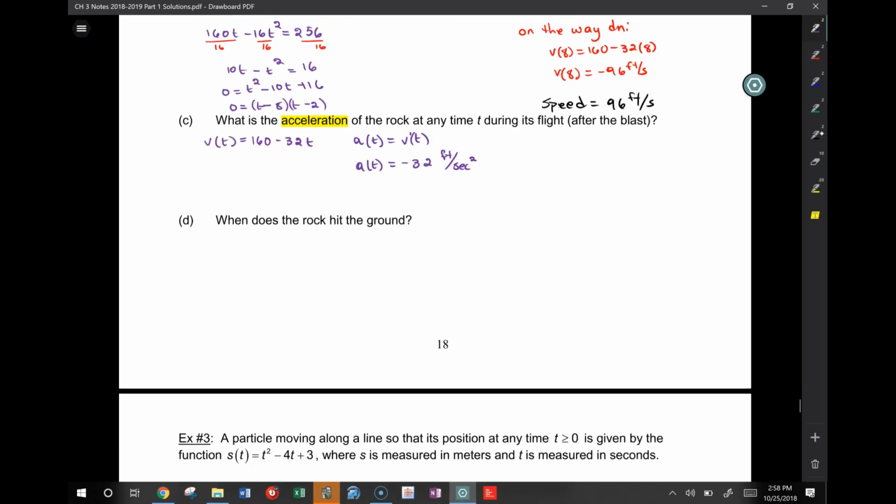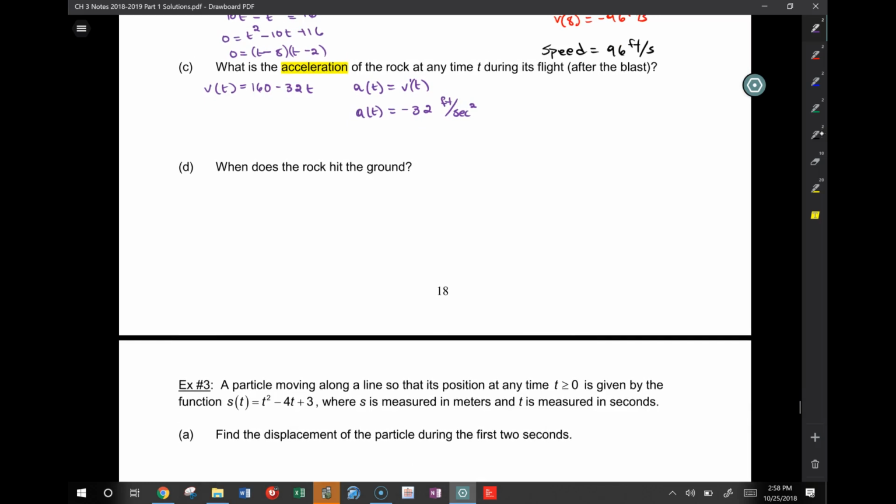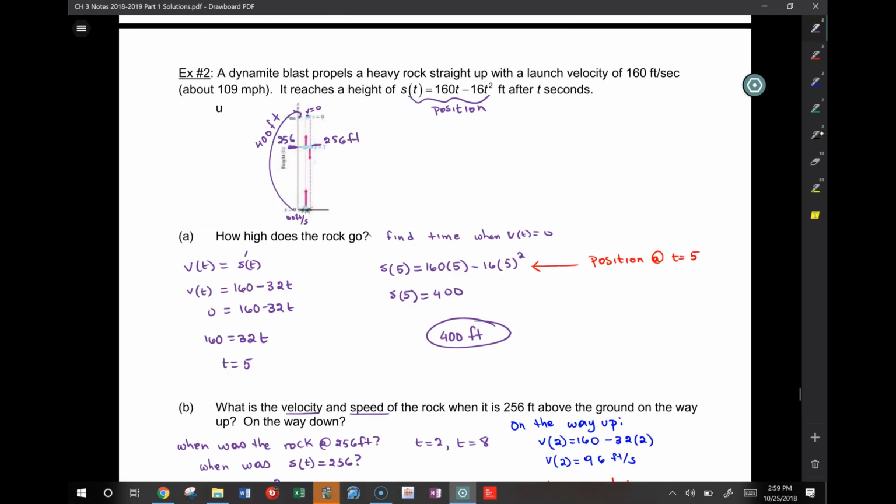When does the rock hit the ground? So when the rock hits the ground, its position is 0. Okay? Now, you could do it in a couple of different ways. First of all, remember what I said about it being symmetric. That means if it took 5 seconds for it to go up, it's going to take another 5 seconds for it to go down.